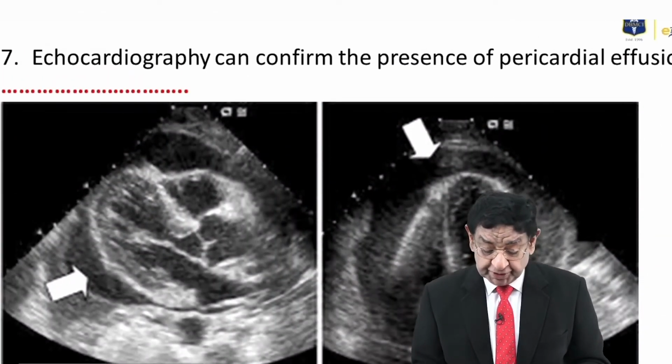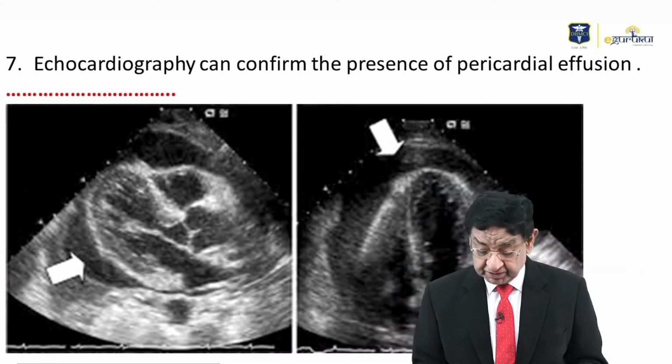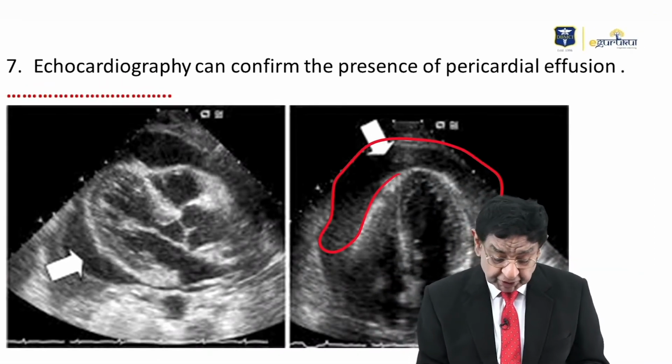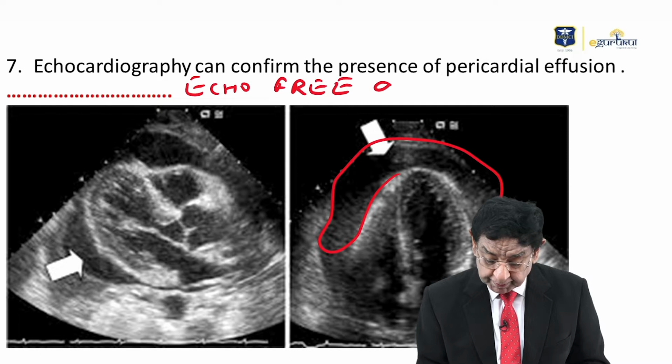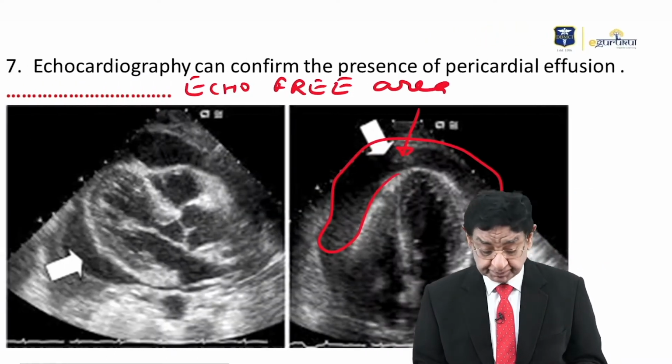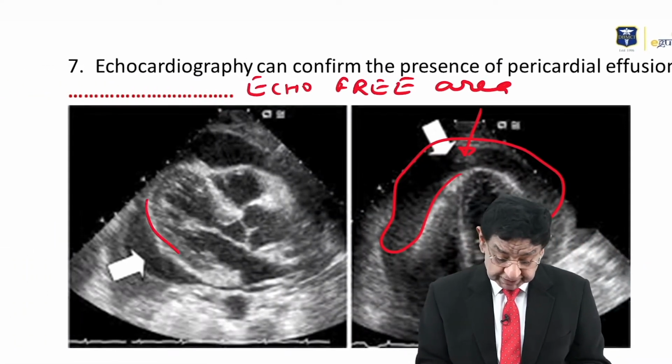Now, when we do echocardiography to confirm it, look into this. You are getting this echo-free area. Very nicely seen in this picture, echo-free area. Here also you can see.